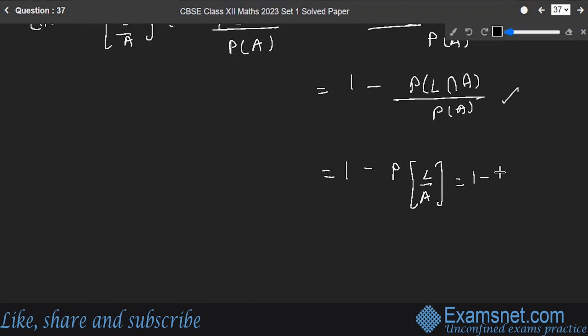So that is equal to 1 minus 24 upon 100, which is 76 upon 100, right?